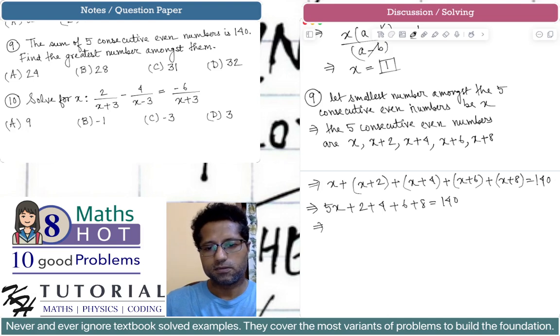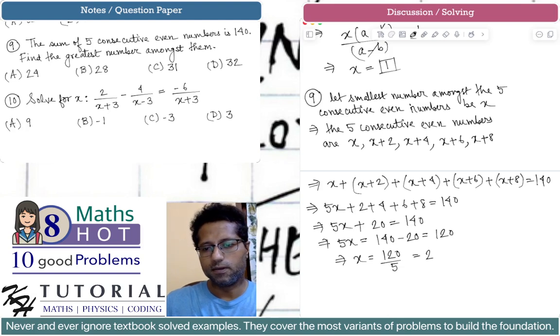This implies 5x plus 2 plus 4 plus 6 plus 8 is 20, 20 is equal to 140. This implies 5x is equal to 140 minus 20, which is 120. This implies x is equal to 120 divided by 5, which is equal to 24.